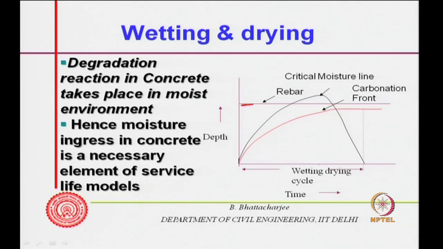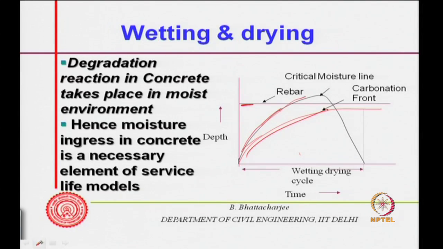Now, in this case it is fully saturated in the beginning, then it dries out to conducive moisture. Above this moisture content there will be no carbonation, the critical moisture level. So, if it dries out, this zone becomes critical and carbonation proceeds.